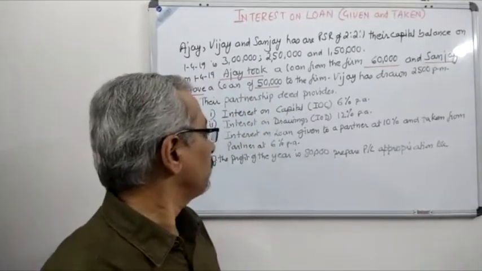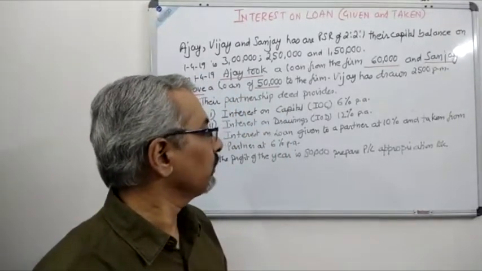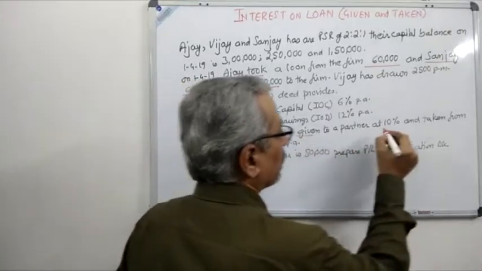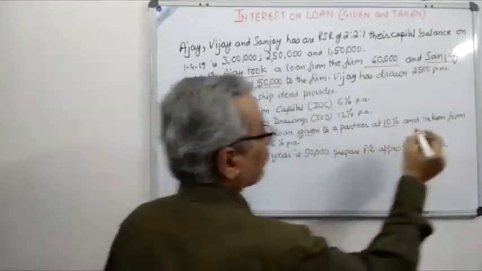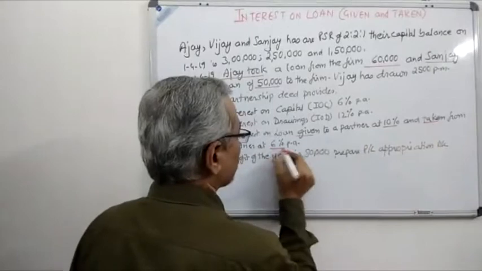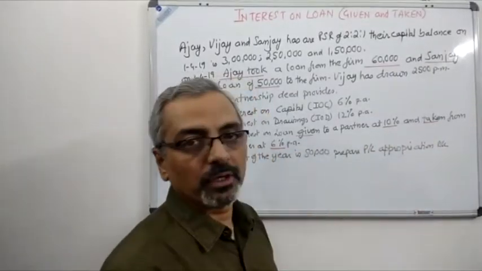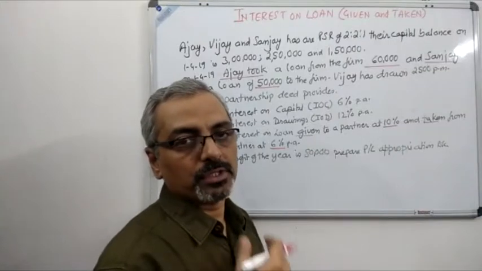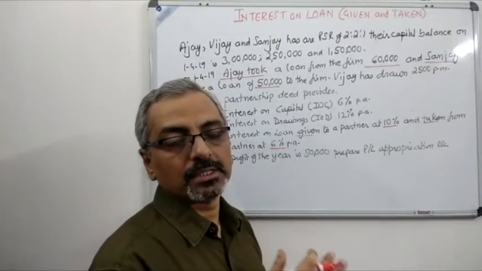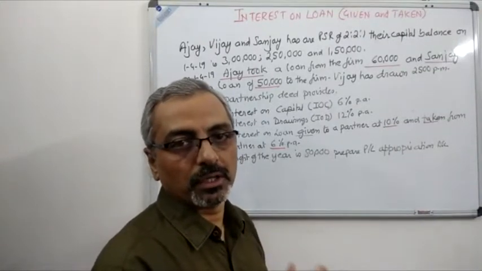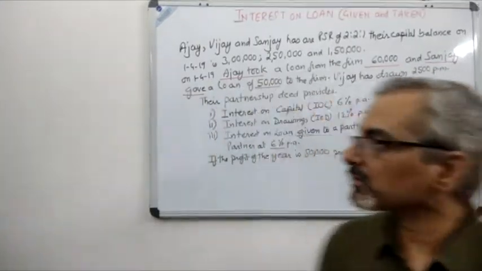After that, you can see very carefully, interest on loan given to the partner is 10% and taken from the partner is 6%. And the profit of the year is 80,000. Prepare a profit and loss appropriation account. Before we jump into the question, first let us understand the basic calculations over here. Number one, we have the calculations for interest on capital.